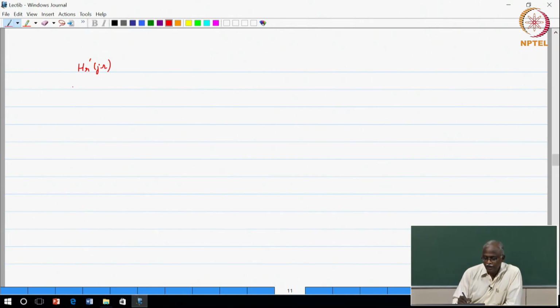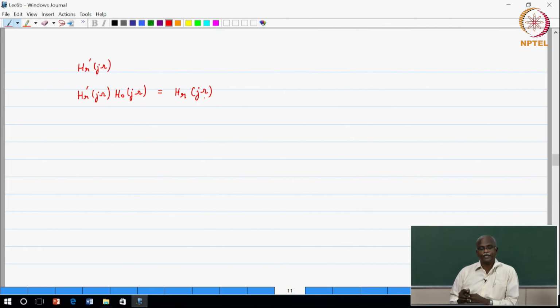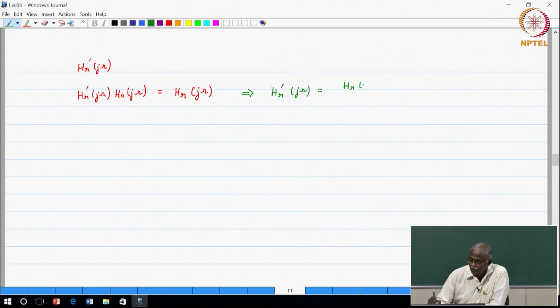The condition is that HR prime of j omega, since it is a cascade of filters, multiplied by H naught of j omega must equal the ideal reconstruction filter, or be as close to it as possible. So we have to design HR prime to be equal to HR of j omega divided by H naught of j omega.